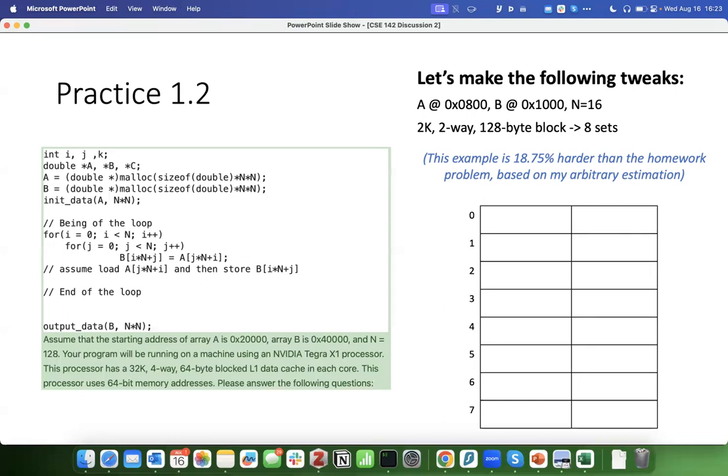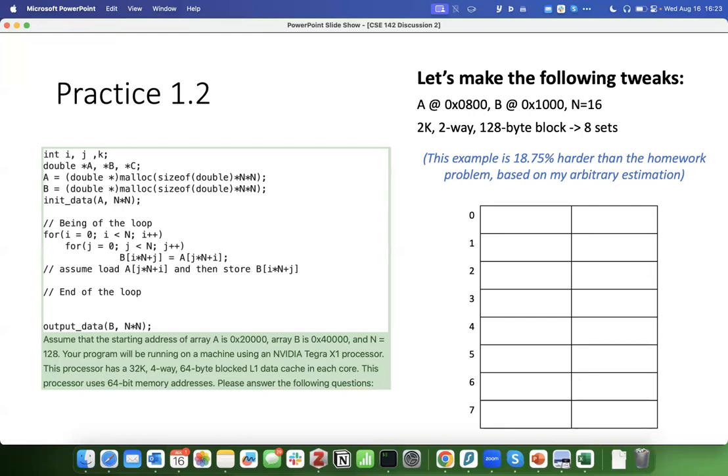For those of you who haven't looked into the homework before, let's spend a little bit of time just looking through the code. We have 2 double arrays, and for B, the pattern is pretty simple. We're accessing B0, B1, B2, B3, all the way to B127 times 127, sequentially.